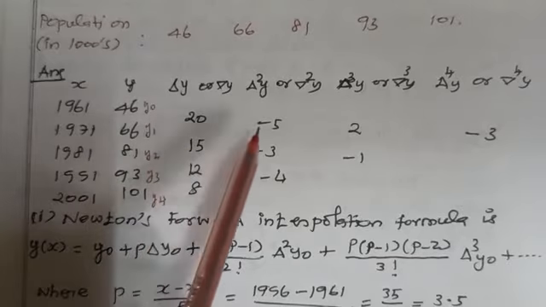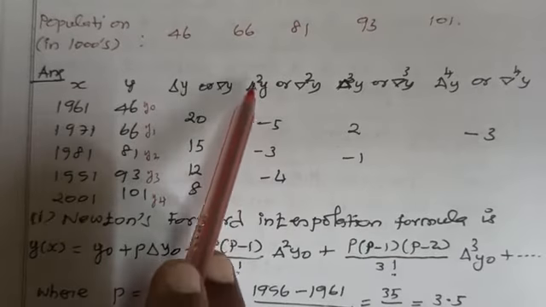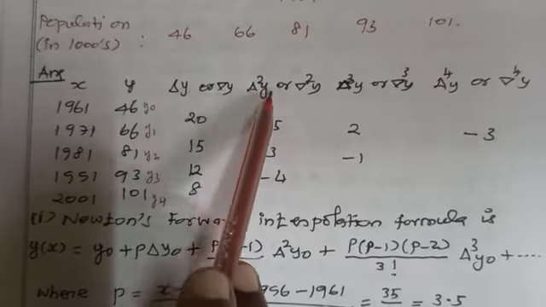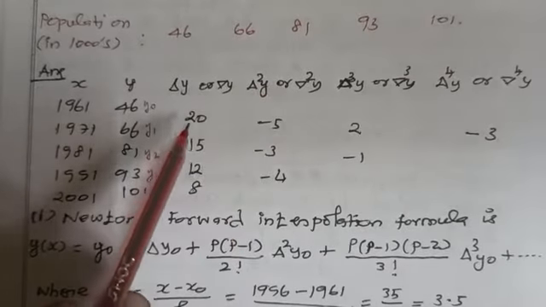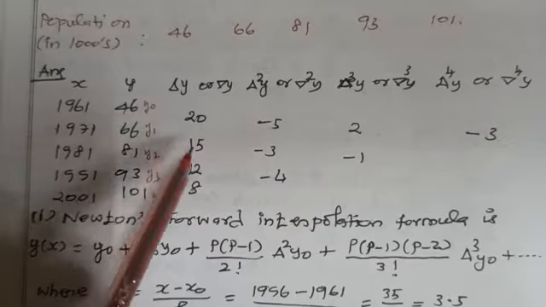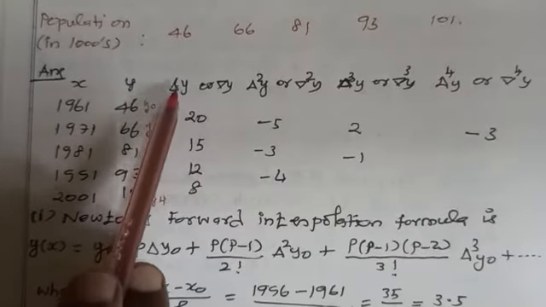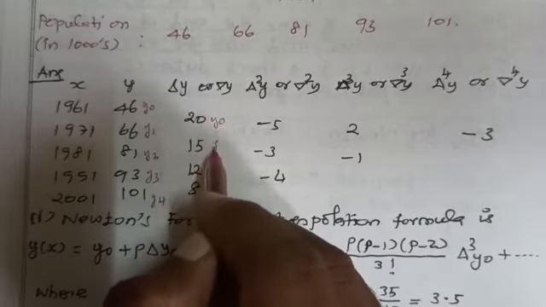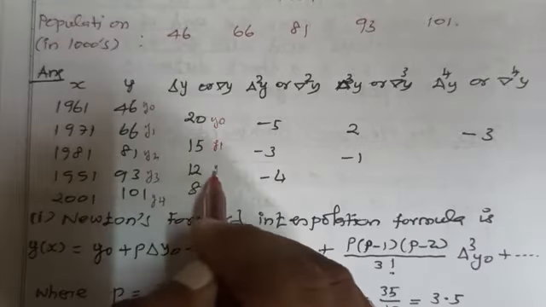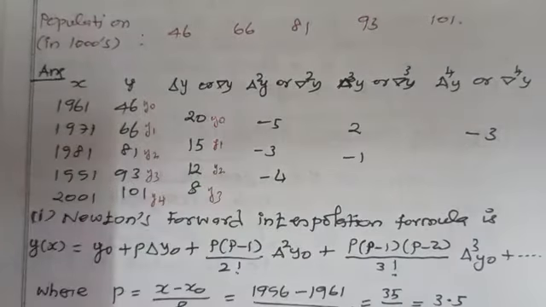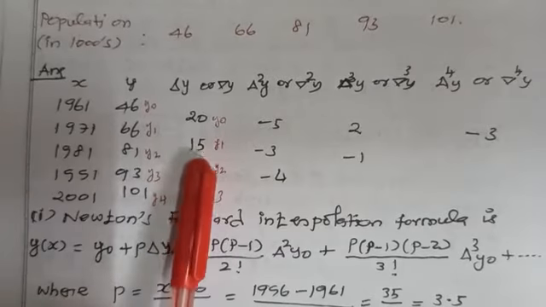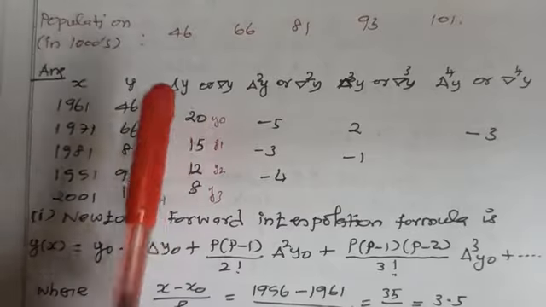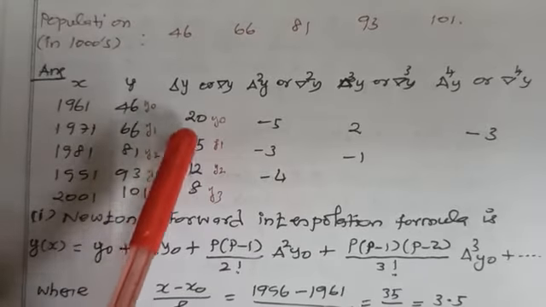In the fourth column we represent delta square y. Delta square y means we find the difference between the delta y values. Starting from y0, y1, y2 and y3: 15 minus 20, the difference is minus 5.